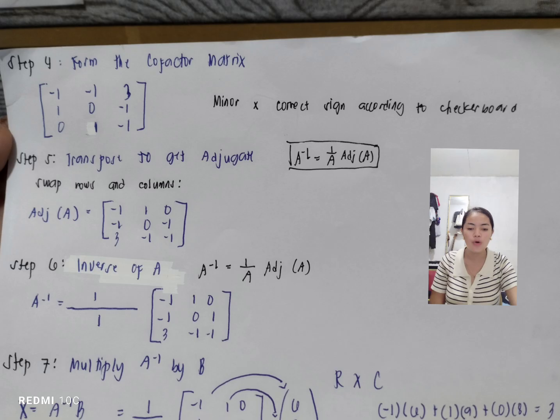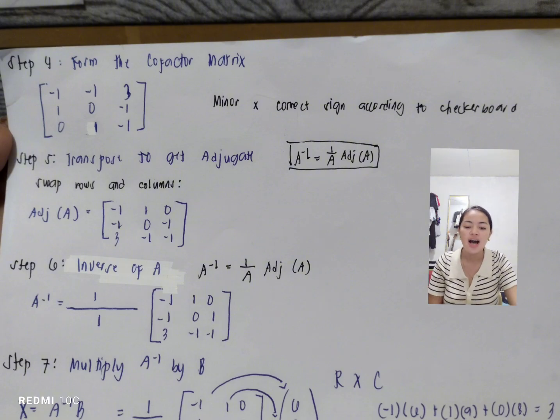That is our cofactor matrix. For step 5, you transpose to get the adjugate. In getting the adjugate, you just swap rows and columns. So adjugate A is equal to -1, 1, 0, -1, 0, -1, and 3, -1, -1.